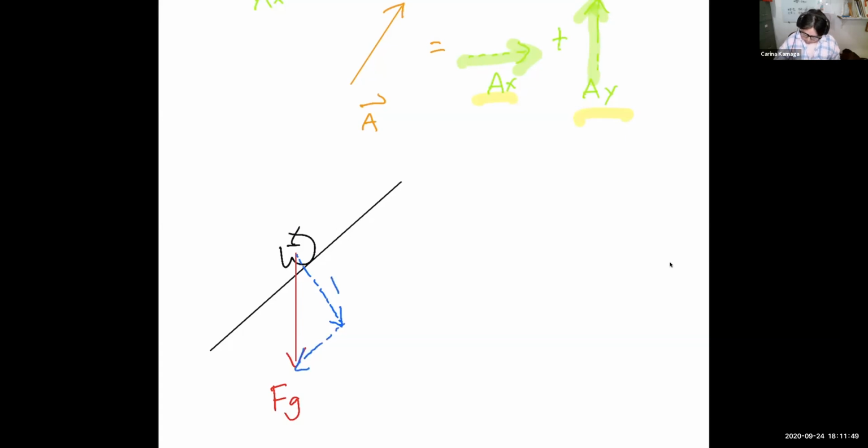I'm going to call this FG perpendicular to the surface, and this arrow FG parallel to the surface. So you can see, I hope, that FG is the same thing as FG parallel plus FG perpendicular.